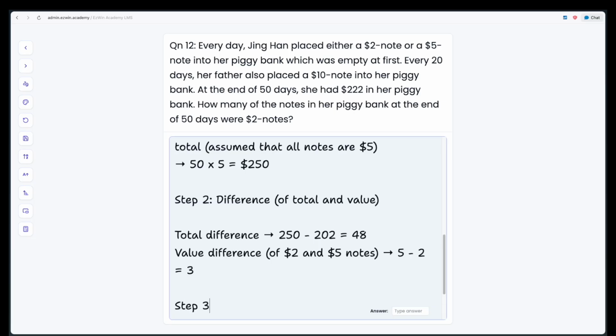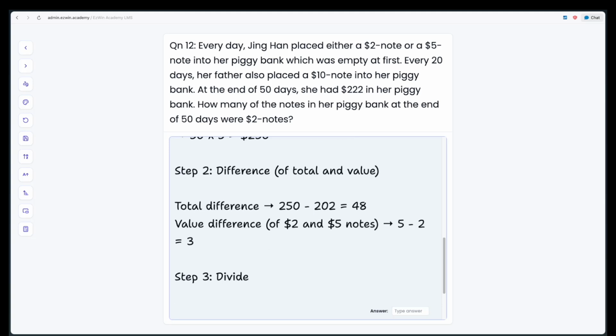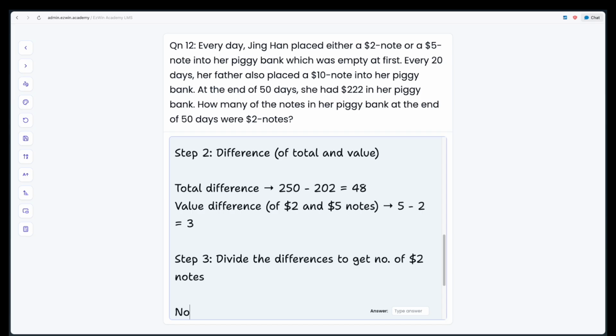Then step 3, we divide the differences to get the number of $2 notes. In this case, the number of $2 notes is equal to 48 divided by 3. This will give us 16.